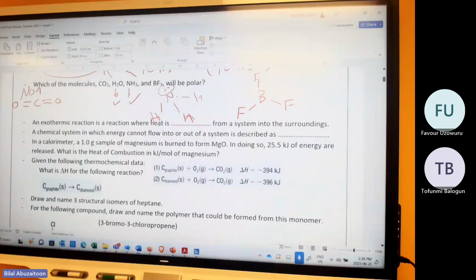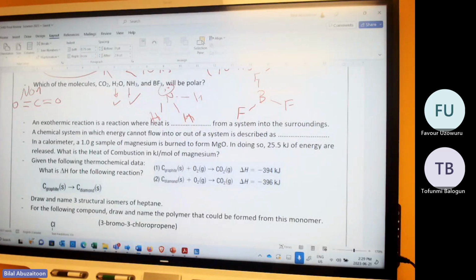An exothermic reaction is a reaction where heat is given off.